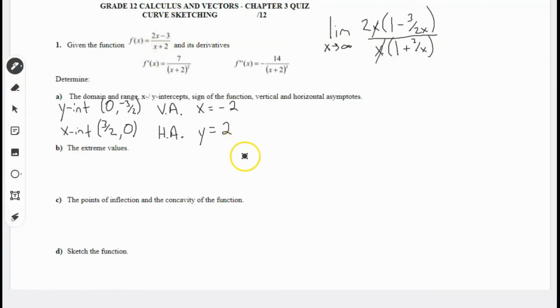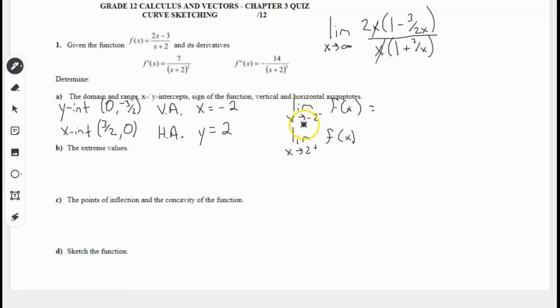All right, so we do need to see the signs of the functions and the domain and range, and we're going to do that by looking at how these functions act near their asymptotes. So let's start with the vertical asymptote. We're going to find the limit as x approaches negative 2 from the left for the function, and the limit as x approaches negative 2 from the right.